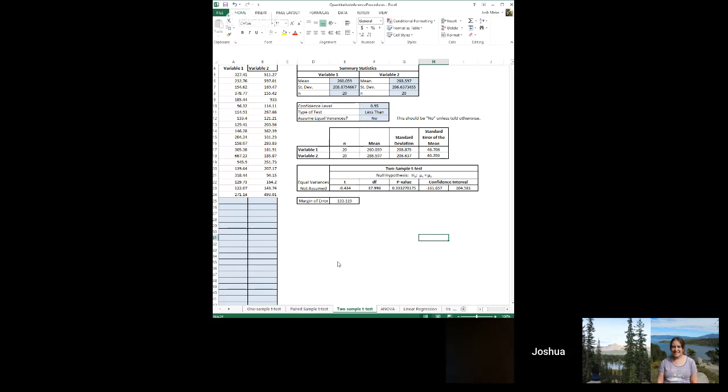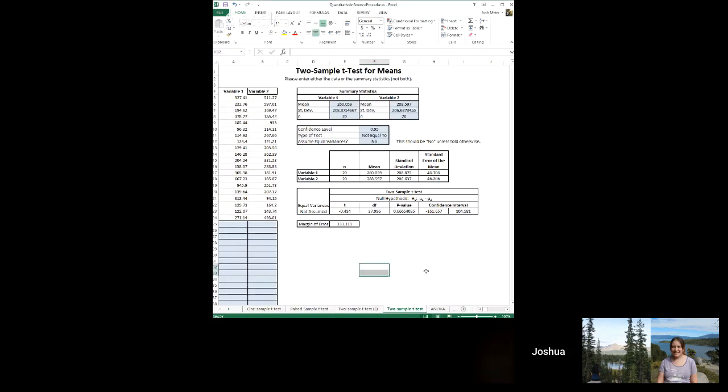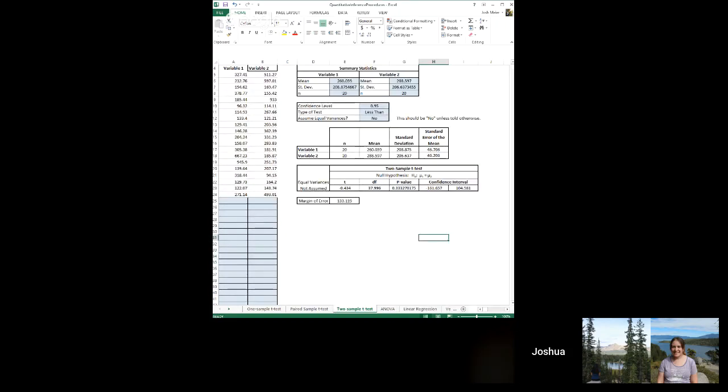So if you're ever questioning, just look at the confidence interval and see if there is a 0 in it. And if there is, then there's not enough evidence for whatever the hypothesis is saying. Okay. Hopefully that's right.